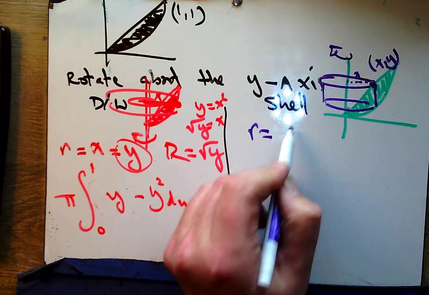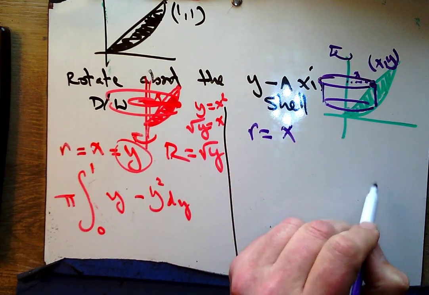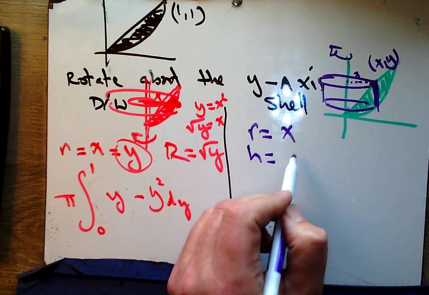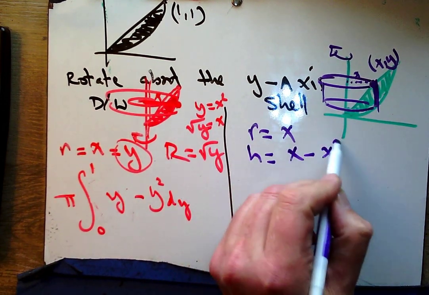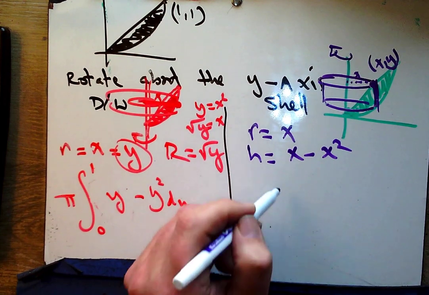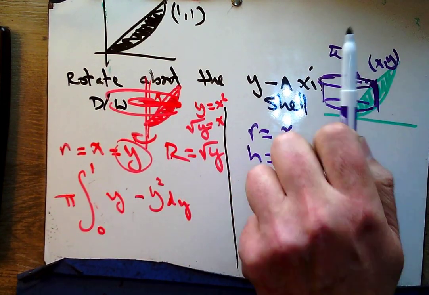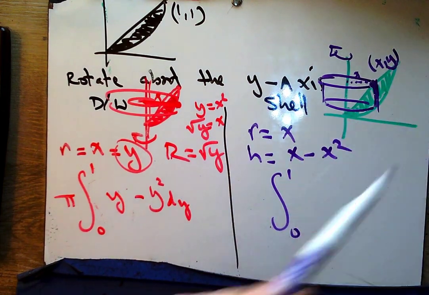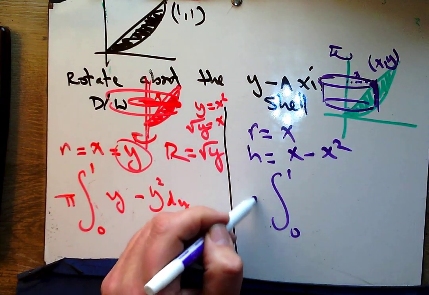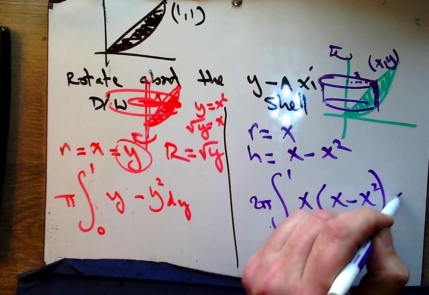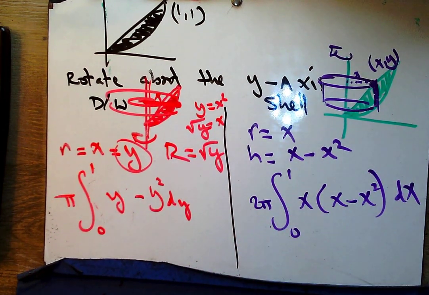So r equals x. And the height, well, the height is top minus bottom. So I'm going to have x minus x squared. And so we get the integral from 0 to 1, because we're integrating this way. We have 2 pi x times x minus x squared dx. Okay, so there's our setup for each.